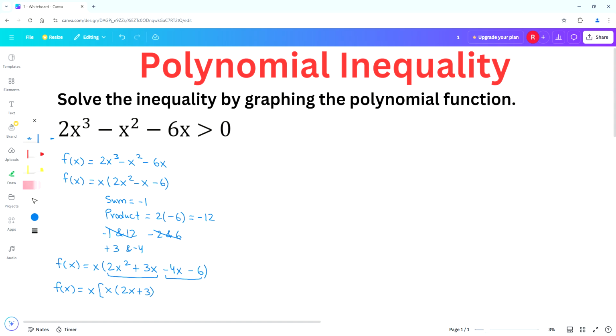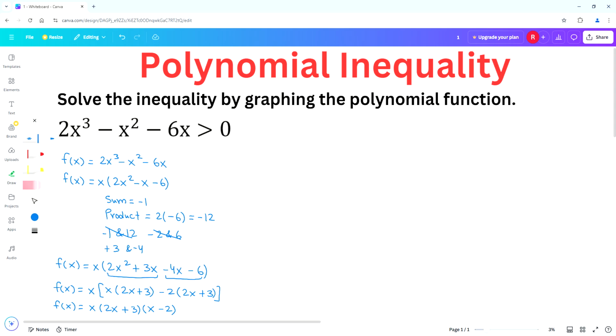And from the second pair, I can factor out -2. Next, we can factor out 2x plus 3 from both terms. This is the fully factored form of the cubic polynomial.